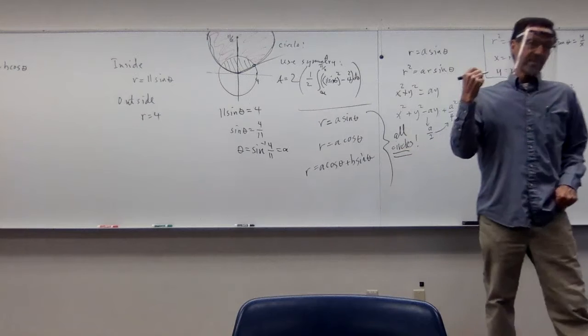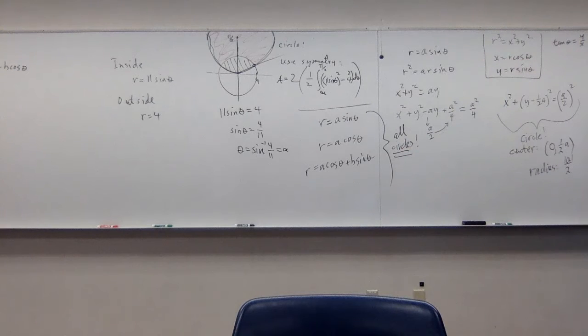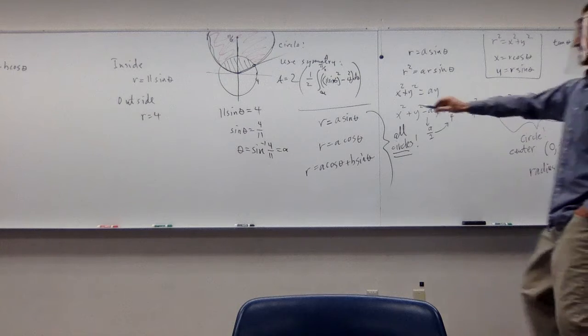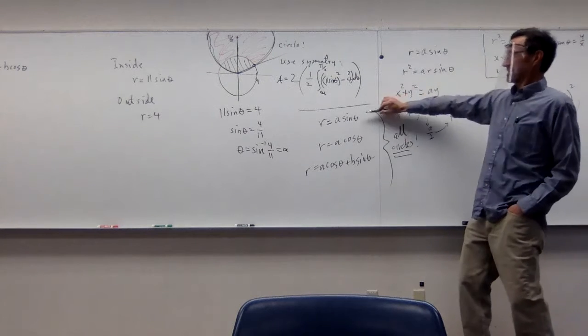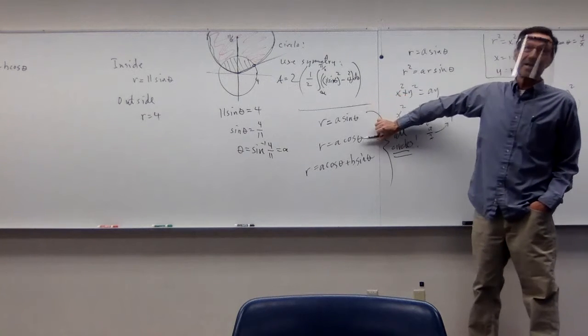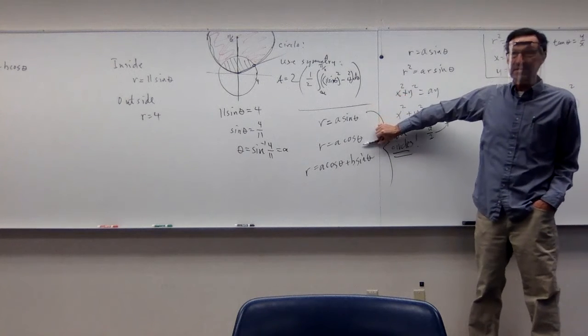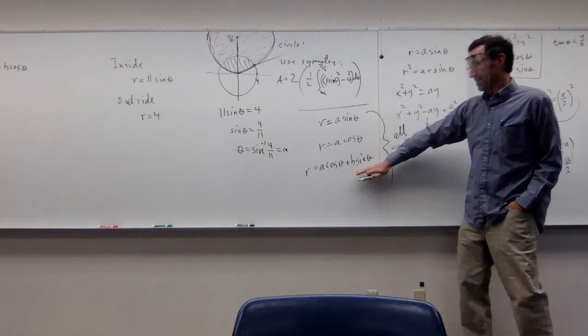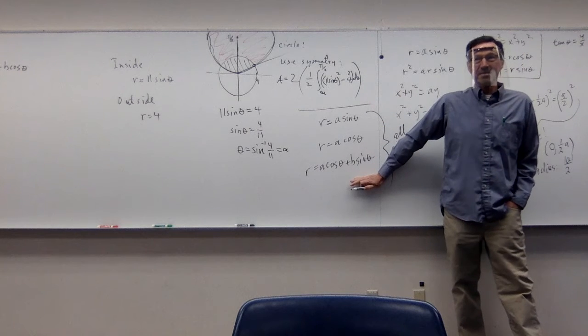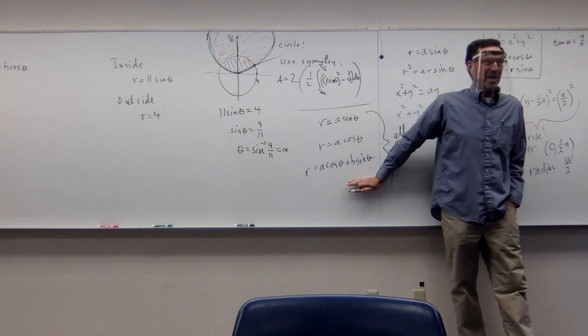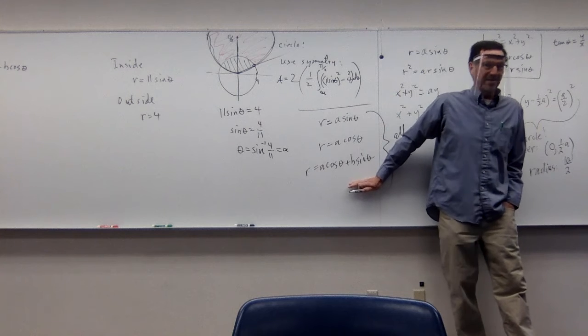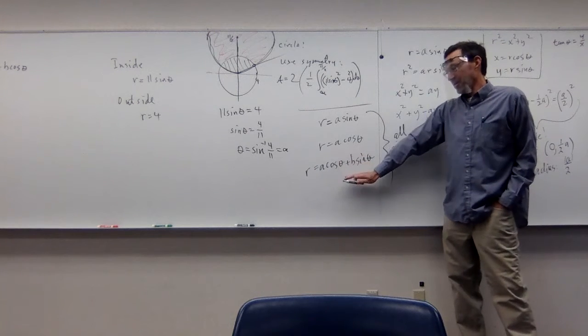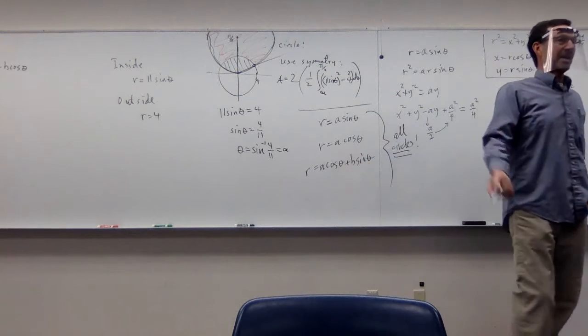And they all pass through the origin. That's a thing they have in common. These guys, the center is on the y-axis. These guys, the center is going to be on the x-axis. And these guys, who knows? It's not on either axis, so long as a and b are neither 0. It'll be somewhere else, but the graph will pass through the origin.